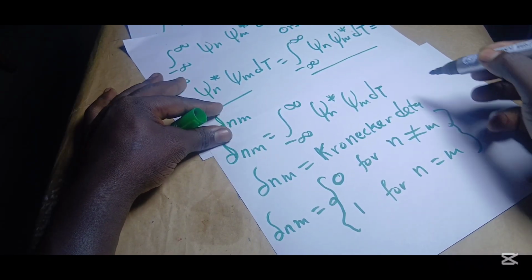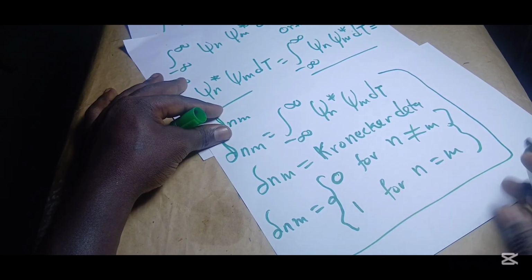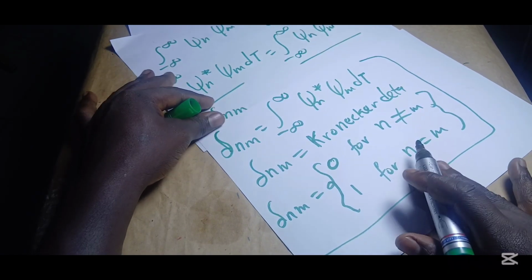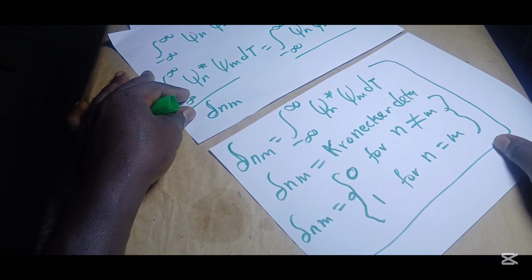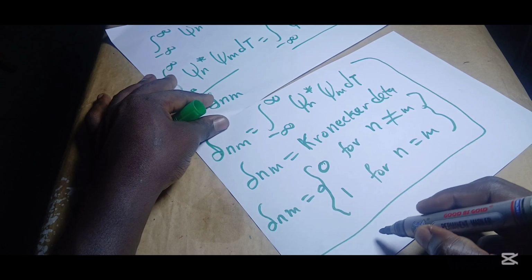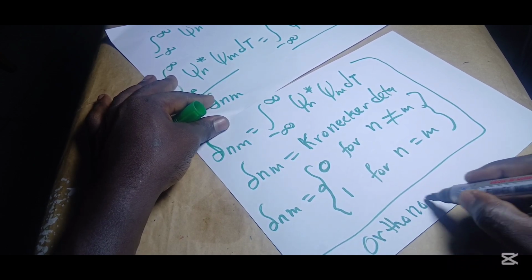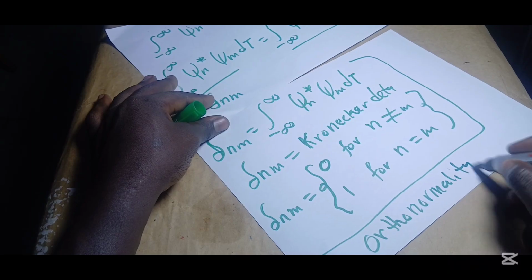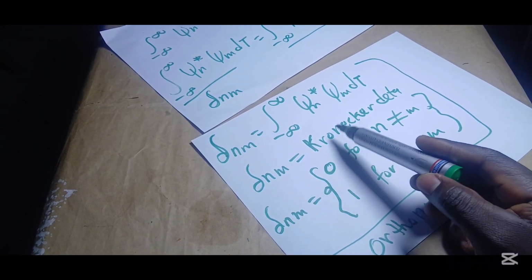We call this orthonormality, because we combine the ideas of orthogonality and normalization to arrive at this point. It is defined by the Kronecker delta.